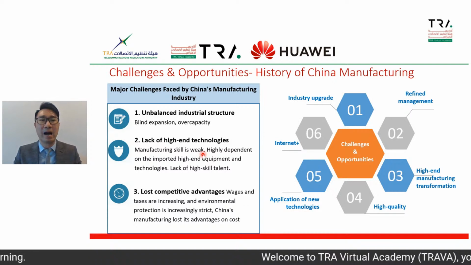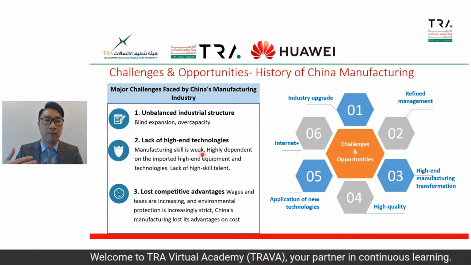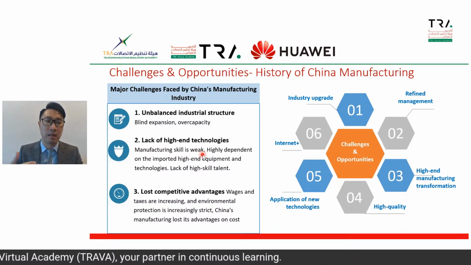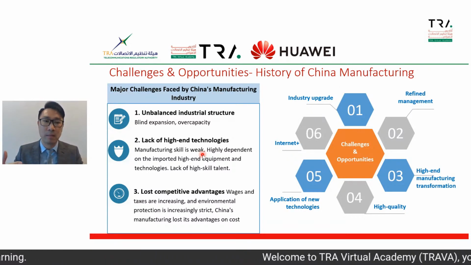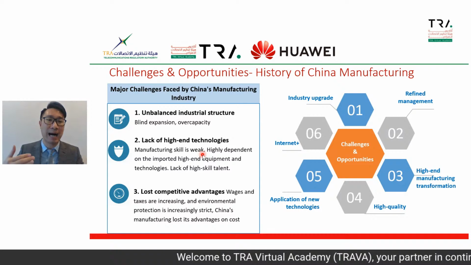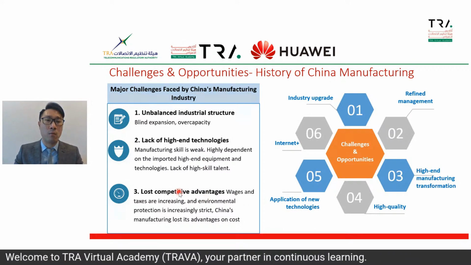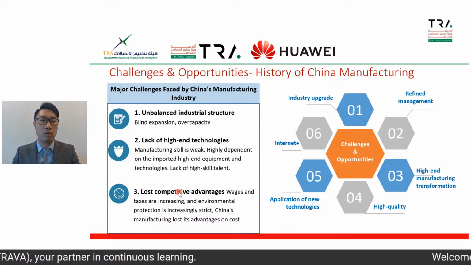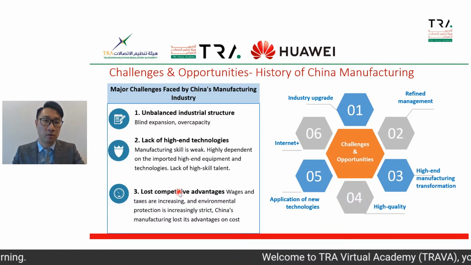So basically, they are focusing on how to manufacture those lower end products. But when you want to achieve the high end manufacturing industry, you need to achieve the high end technology also. And China previously relied on low wages and lots of human resource, right?